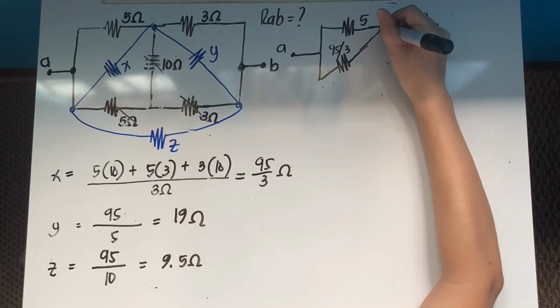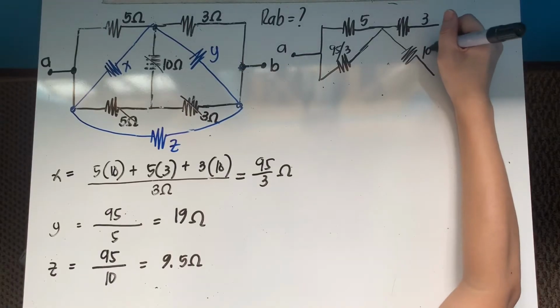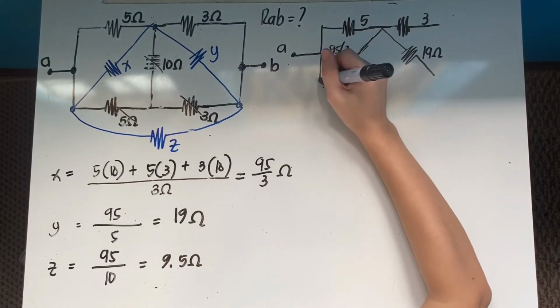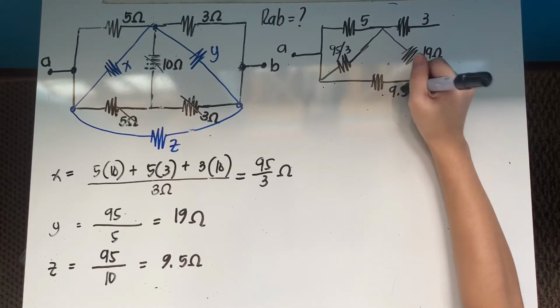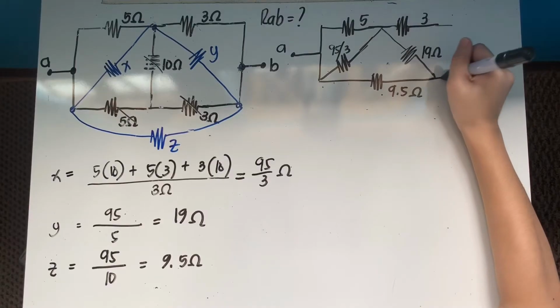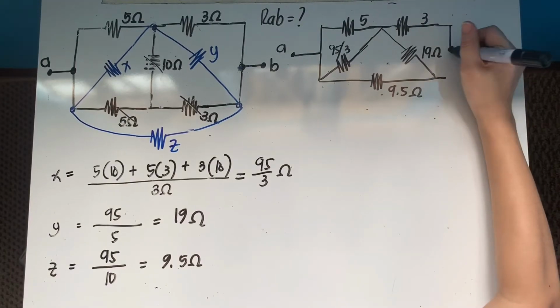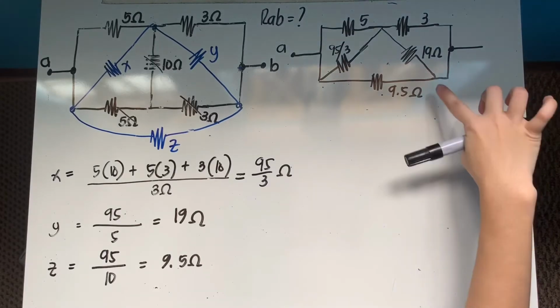And then a Y. Value ng Y natin ay 19 ohms. And then a Z. Ang Z natin ay 9.5 ohms. And then, you have here terminal B. Mas nagmukha siyang mahirap.